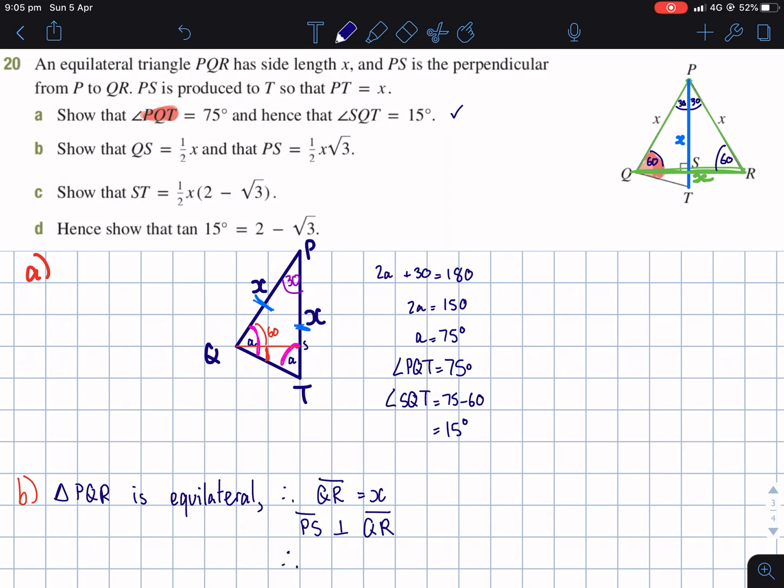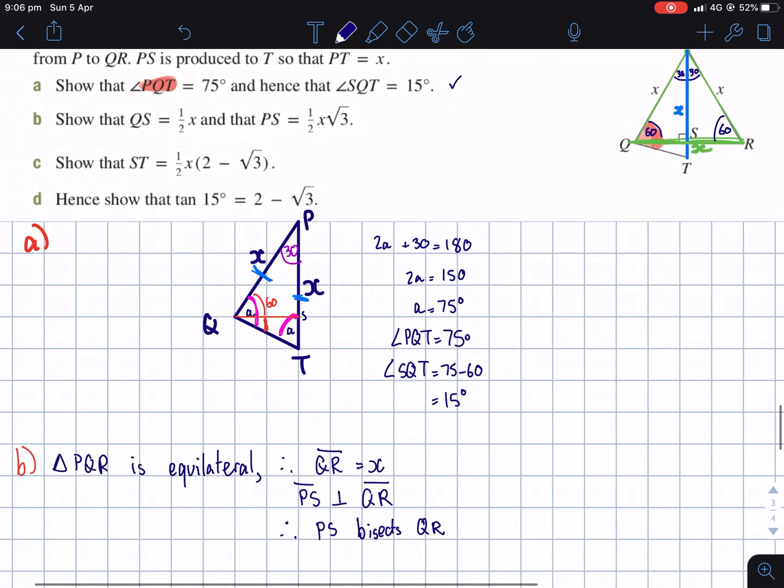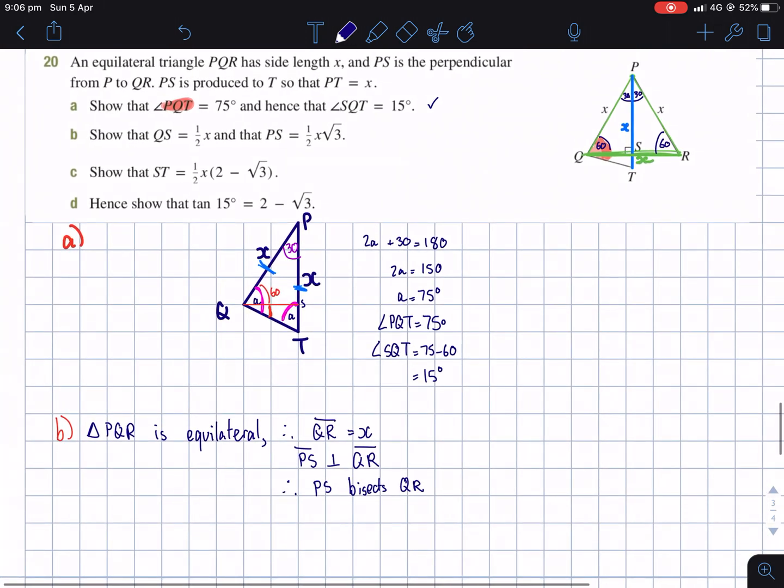So therefore the line PS bisects QR, so it cuts it in half. We learnt that last year in geometry. Also, it just looks like it. It doesn't hurt to go with your gut, by the way.